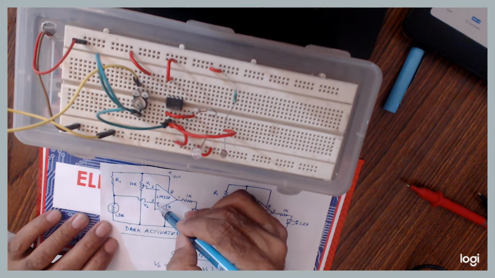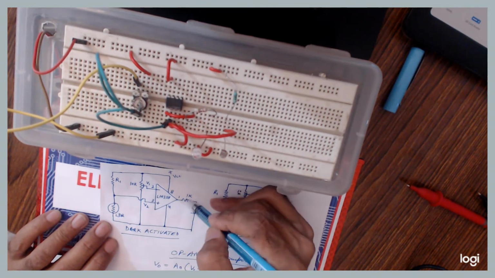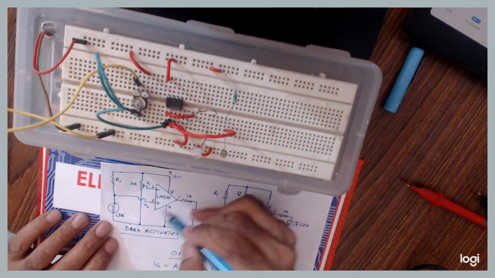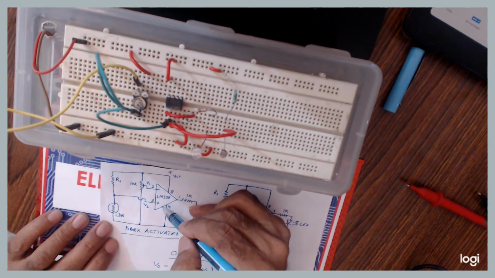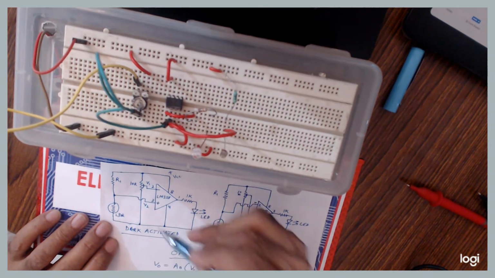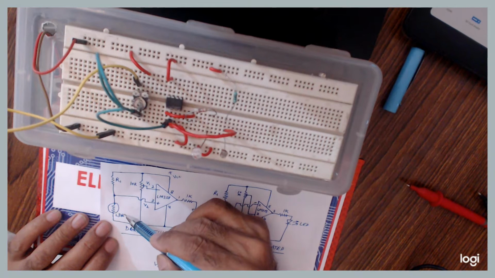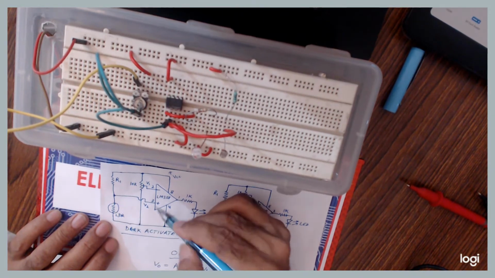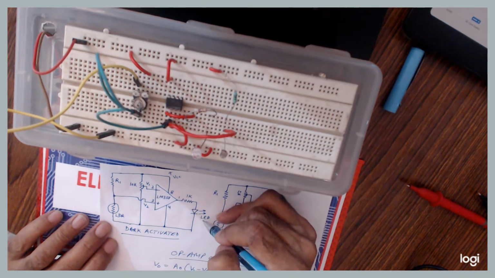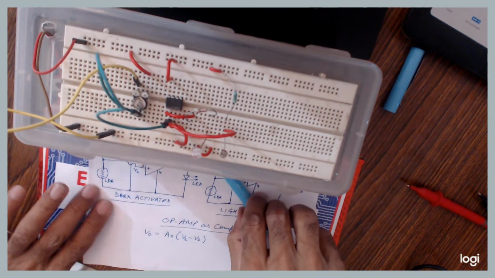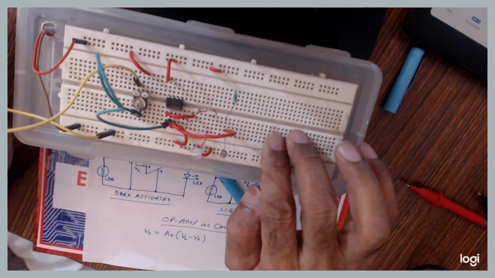When the voltage here goes high, the output will also go high. It will follow, because this is non-inverting. It is not inverting the input, okay? Now when the LDR is in light, the voltage here is low, so the output is low and the LED is off.